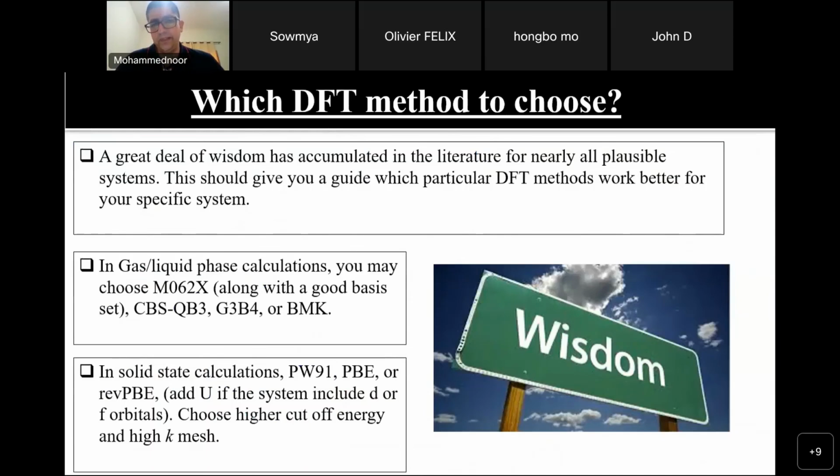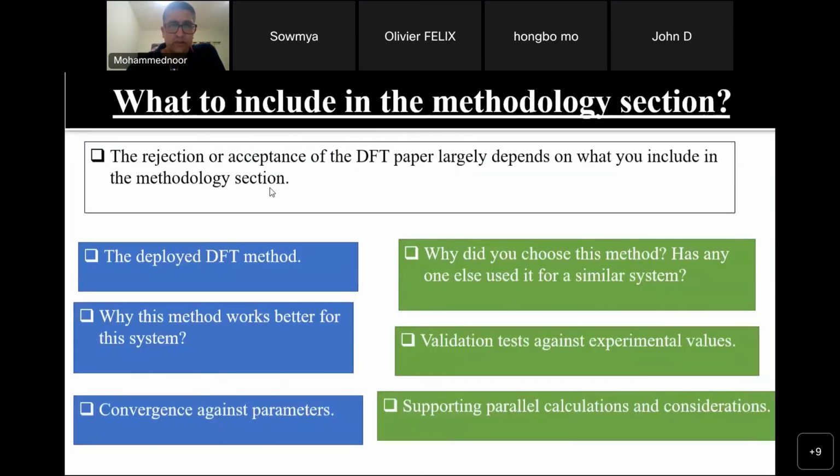This should give students a guide on which particular DFT methods work better for a specific system. As always, rejection or acceptance of any DFT paper largely depends on the methodology section, so students should be trained to write these sections very well.